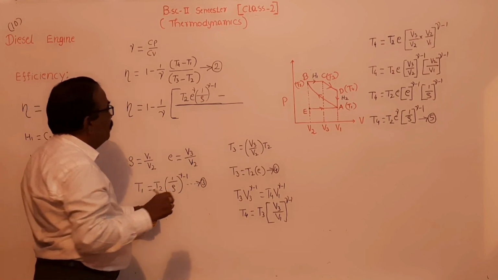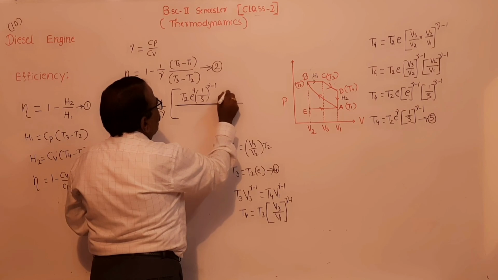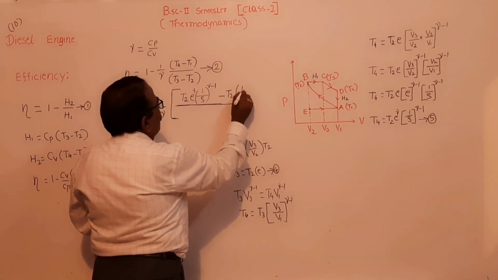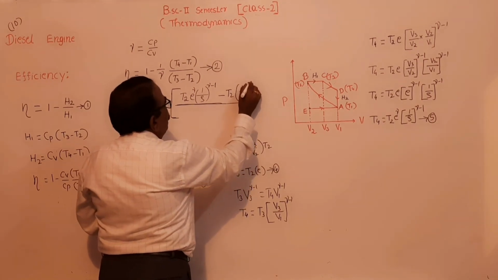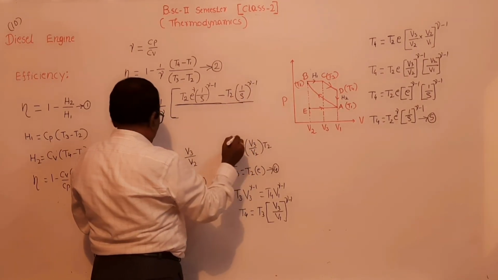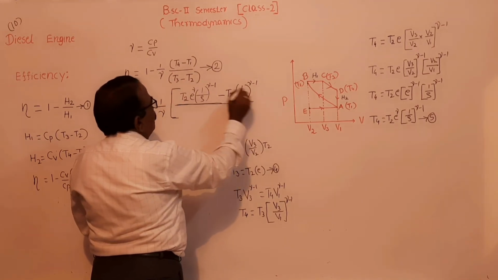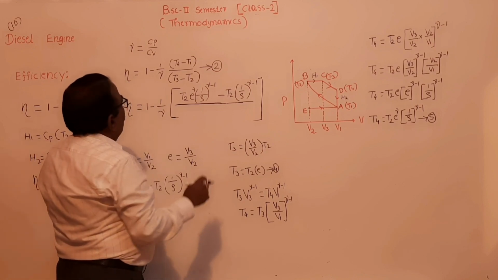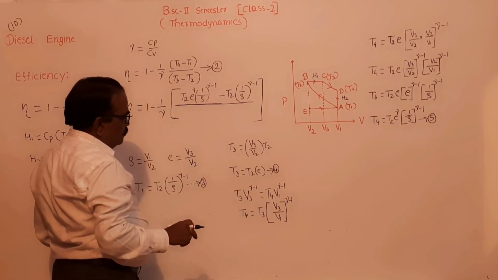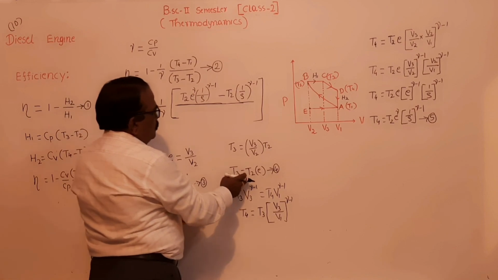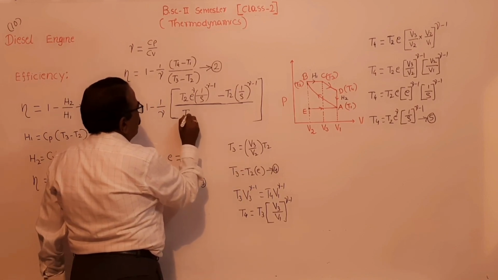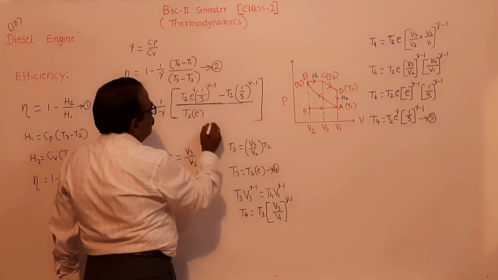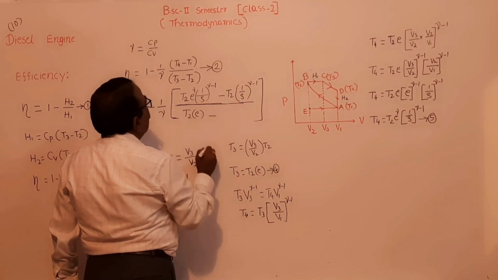T1 is here, T2 into 1 upon rho to the mu minus 1. This is your T1. T3. T3 is T2 into E, minus T2.